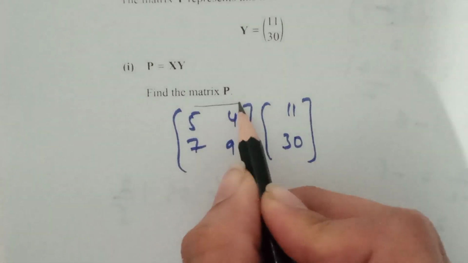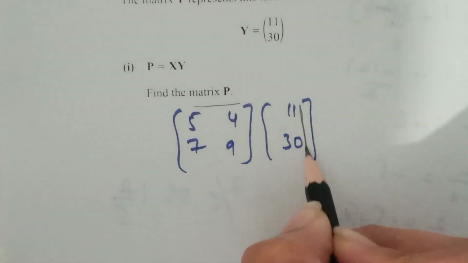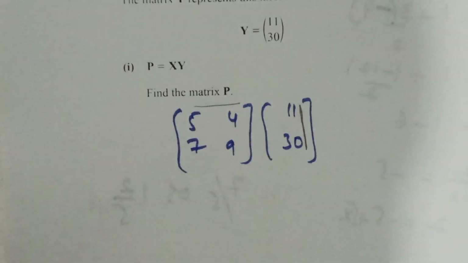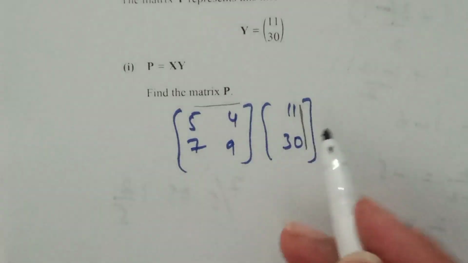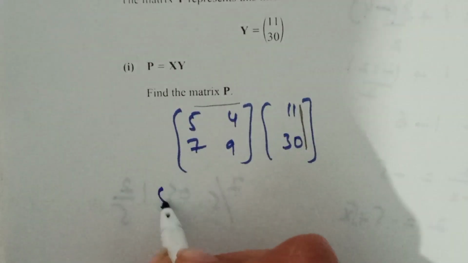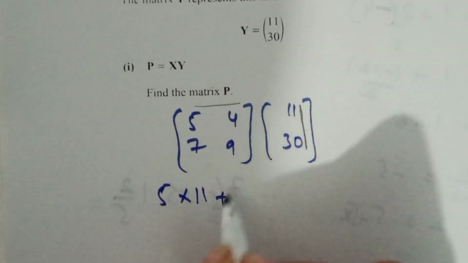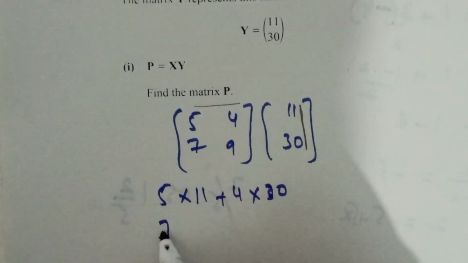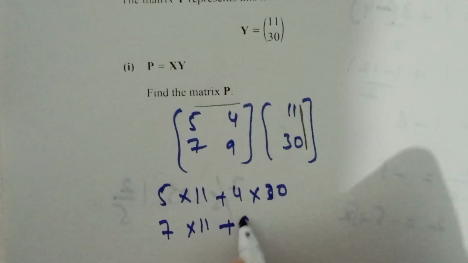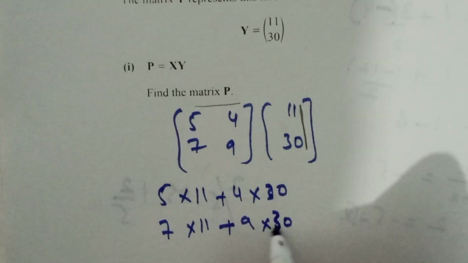If you forget how to multiply it, we have to put the line just for remembrance. And 5 multiplied by 11 plus 4 multiplied by 30, 7 multiplied by 11, and 9 multiplied by 30.